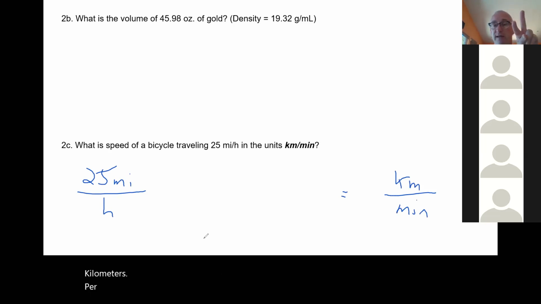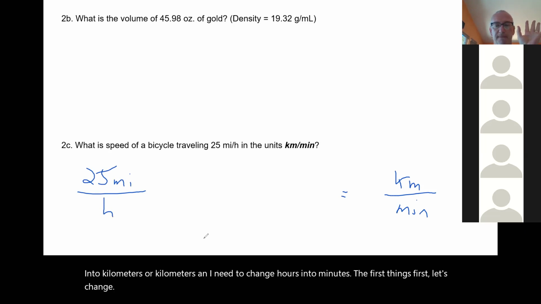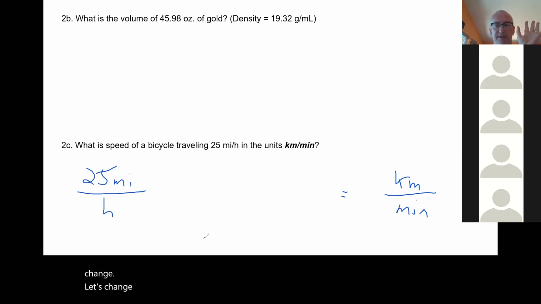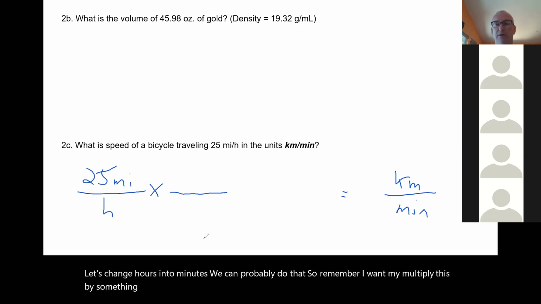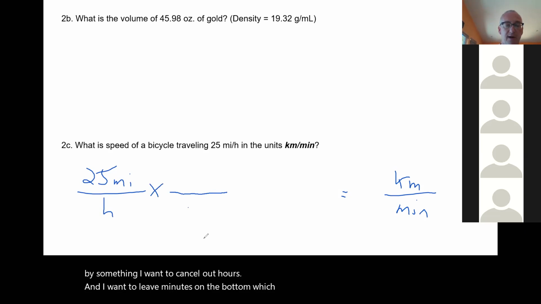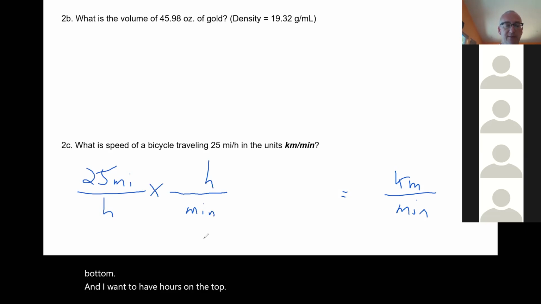So I need to change two things: I need to change miles into kilometers, and I need to change hours into minutes. First things first, let's change hours into minutes. When I multiply this by something, I want to cancel out hours and leave minutes on the bottom, so I want to have hours on the top.